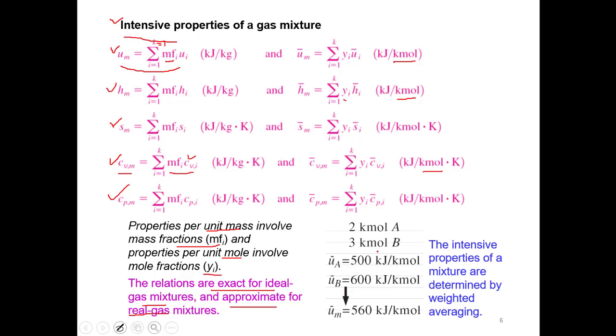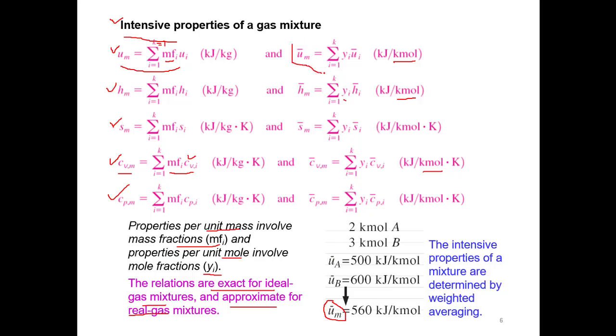Now consider this example. Let's say we have two gases, gas A which has 2 kilomole, gas B which has 3 kilomole, and the specific internal energy of gas A is 500 kilojoule per kilomole, and the specific internal energy of gas B is 600 kilojoule per kilomole. What will be the specific internal energy of the mixture? Which formula will be used for this one? Yeah, we have to use this formula.